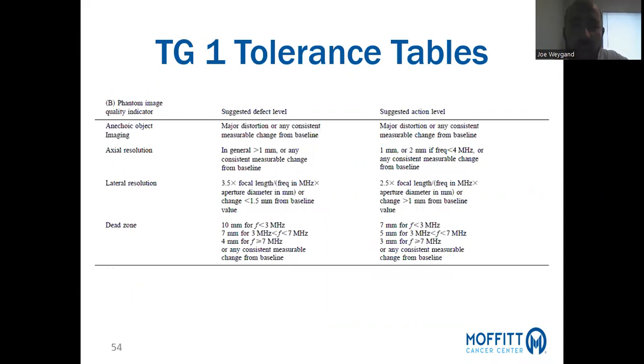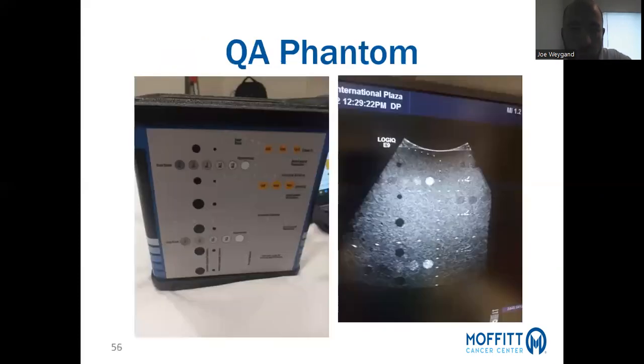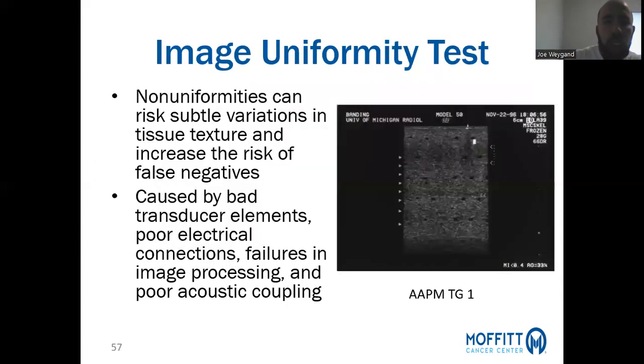They give a lot of tolerance tables for a number of different tests that we will go through one by one. So here is a typical phantom with which you can perform quality assurance. As you can see, the phantom has a number of different structures that allow you to assess different properties of the imaging system. The first test one can perform is an image uniformity test.